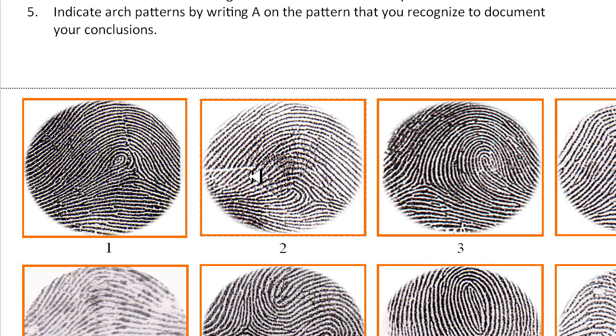On this one, there are ridges that rise and return, but if you look down lower, you can see that something else is happening here, so that would not be an arch. And on this one, it's very obvious that the ridges are starting on this side, rising and making a turn and coming back. So we can eliminate the first three as being arches quite easily.